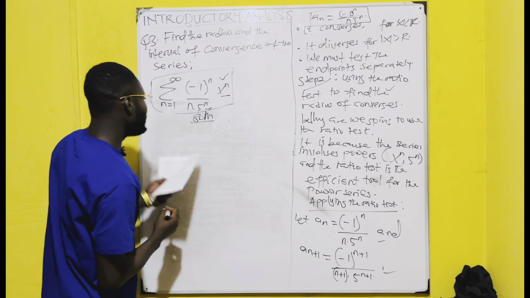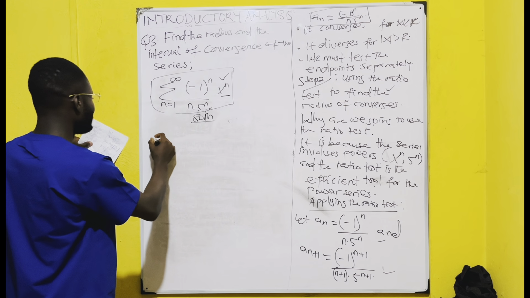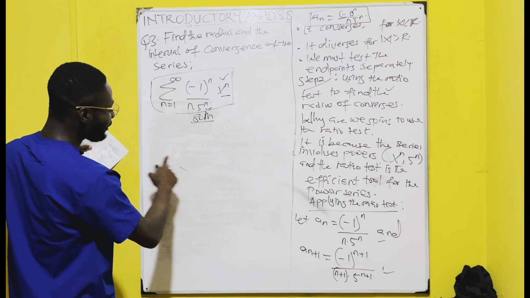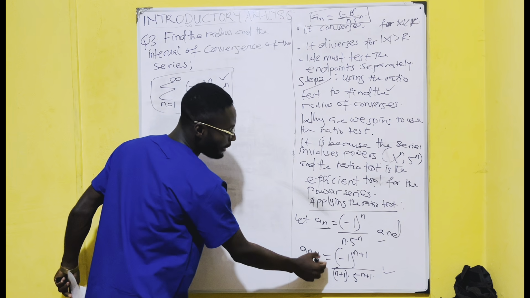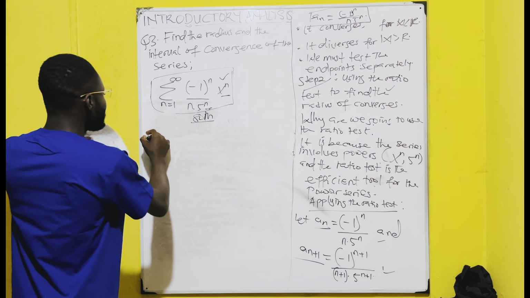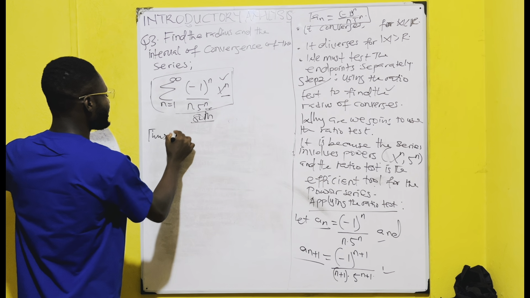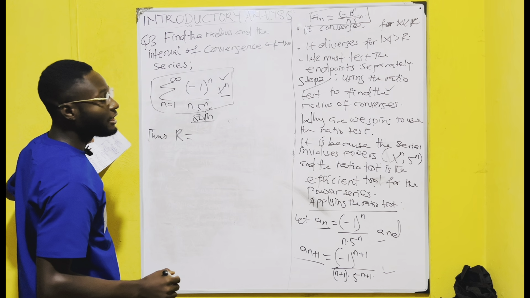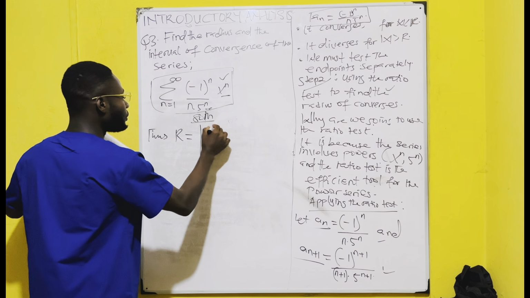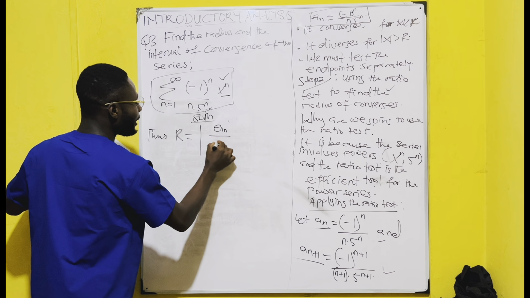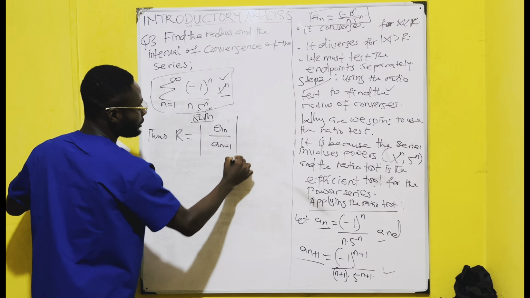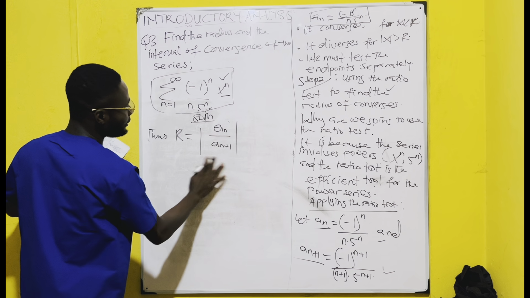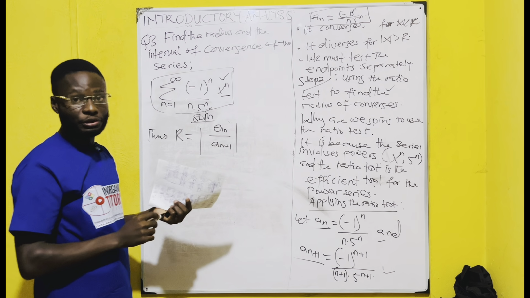So basically, once we have been able to state our a n plus 1, then we say that our R, which is the radius of convergence, is equal to a n divided by a n plus 1. So that is how we are going to deal with it.